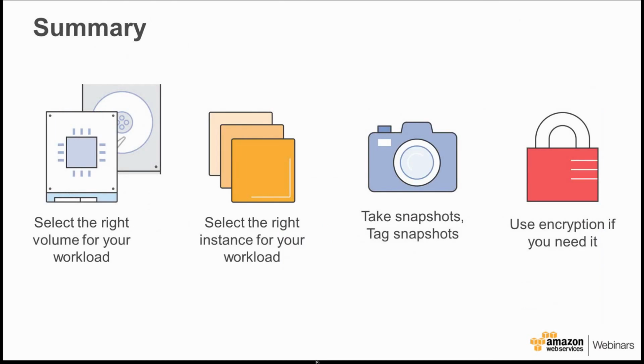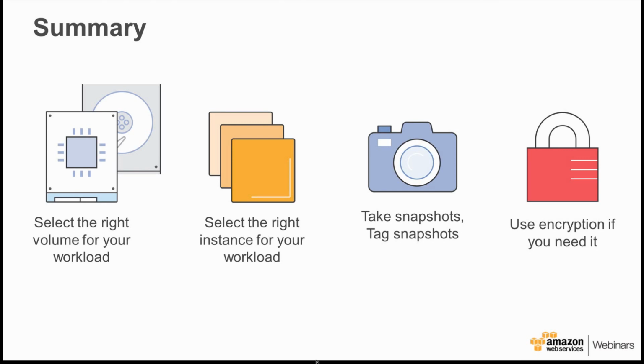So with this, I'd like to conclude with a few simple reminders about this talk. The key thing to remember from this talk is, first, select the right volume for your workload. Think about, do you have an application that has a lot of random IOs to disk, or is it sequential? And when in doubt, use GP2. Then select the right instance for your workload.